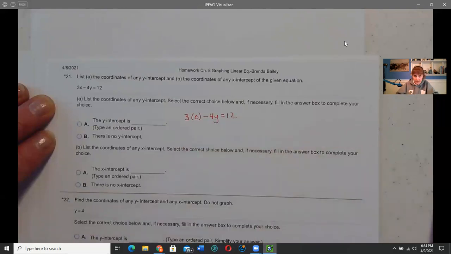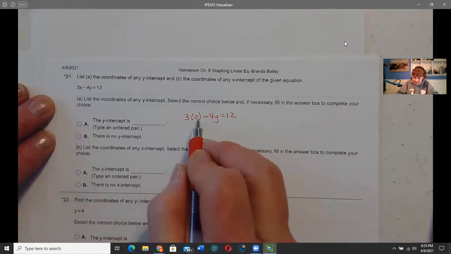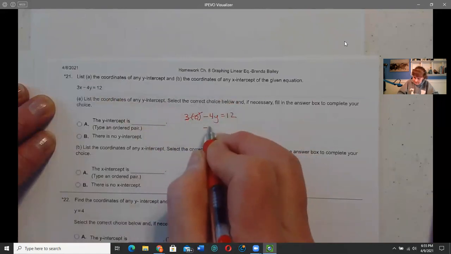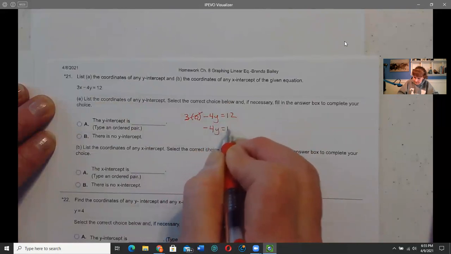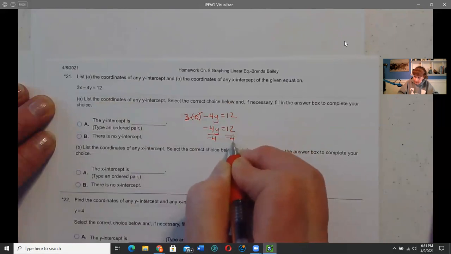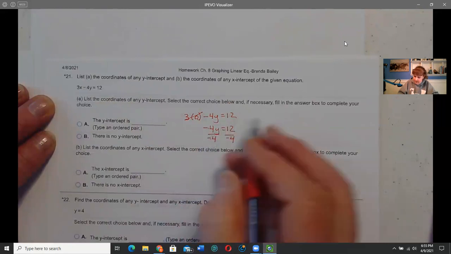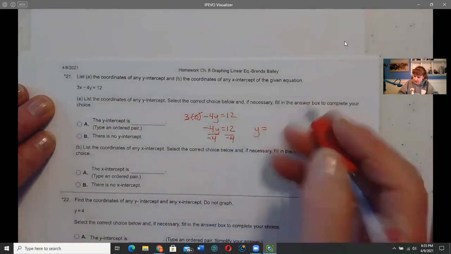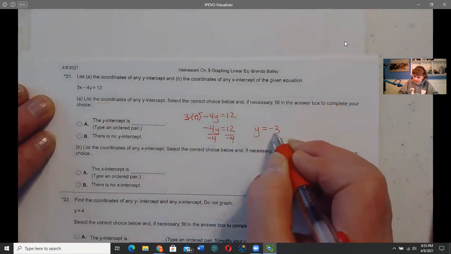To find the y-intercept, where it hits the y-axis, the x is 0. 3 times 0 is 0, it's gone. Divide by -4, because a negative over a negative is a positive, which is what we want. 12 over -4 is -3.